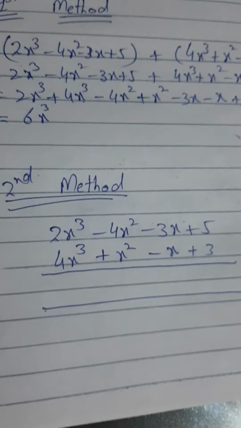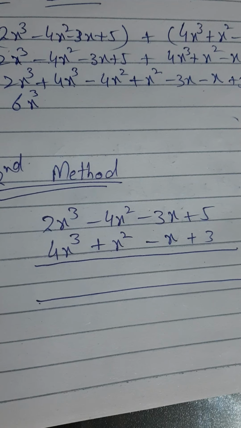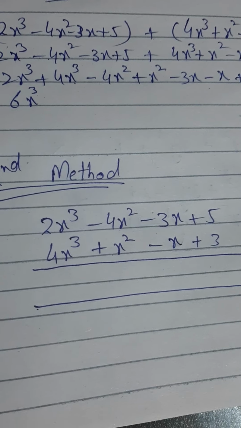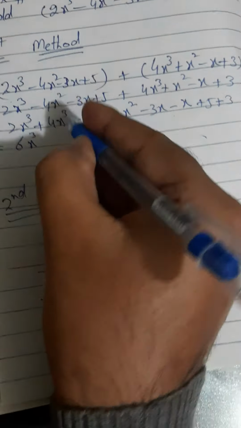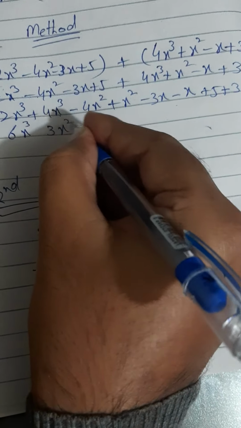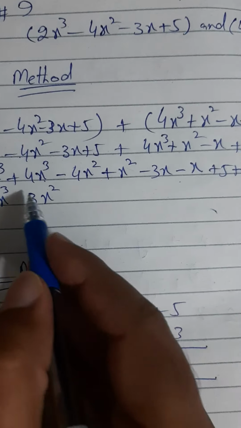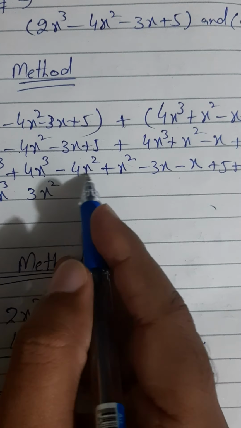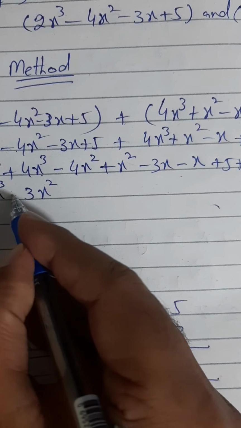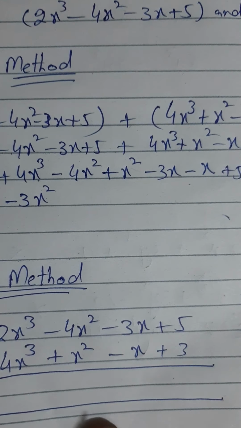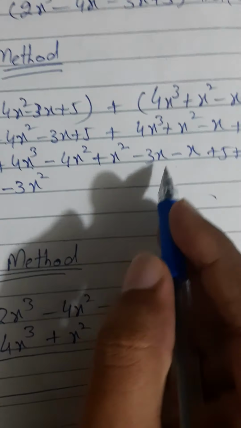When we have different signs we have to subtract. So when we subtract 4 and 1 we get 3x square. Now which sign we have to use? Every time we have to use the sign of the greater number. So 4 is greater, we use the sign of 4, that is the negative sign.